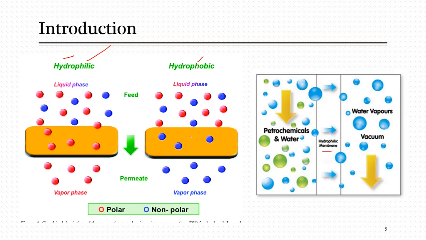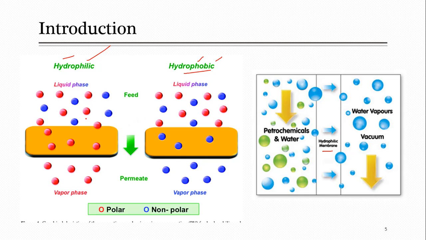But if hydrocarbons are in large amount compared to water, we will prefer to remove water through the membrane. So a hydrophobic membrane is used if you want to repel water away from the membrane, but if you want to pass water through the membrane, you will prefer a membrane which has affinity for water.